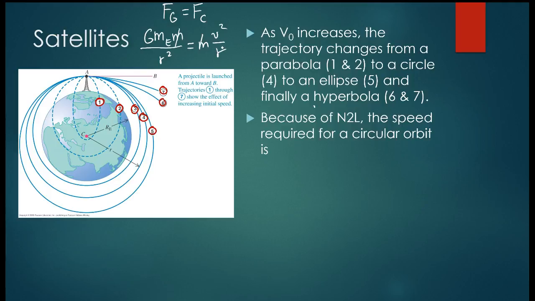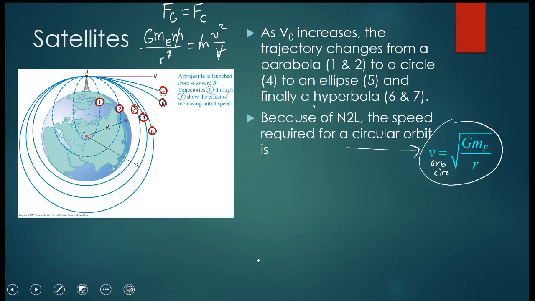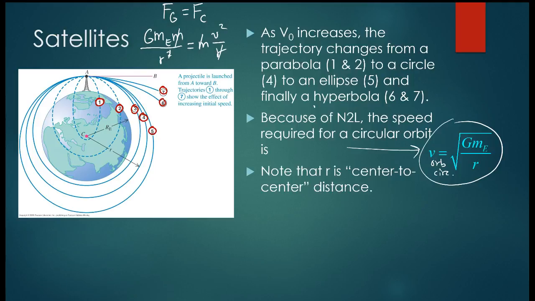So we can cancel out an m and an r on each side and solve that for v. So G, mass of Earth, over r, square root, is our velocity for circular orbit. Okay, so this is very important. So this is v orbital for a circular orbit. Okay, so this r, again, is the center to center distance.